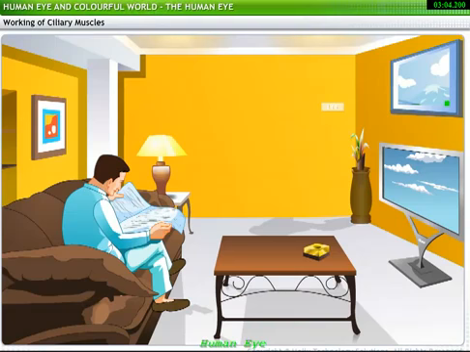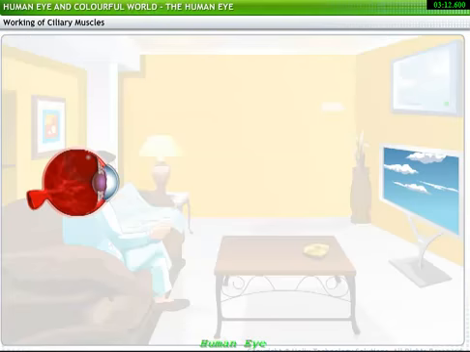For instance, let's revisit the scenario when a person switches from reading the paper to looking at the television at the end of the room. As the television set is relatively far from the eye, the light rays from the television are almost parallel and do not require much convergence to be focused on the retina.